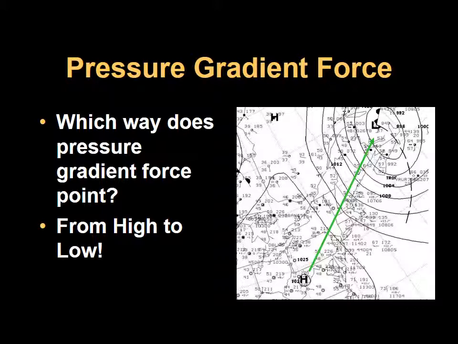So our pressure gradient force goes from high to low. And this is something you learned back in 110. Remember that you came up with the concept that wind blows from high to low. That's your pressure gradient force driving the wind. But the gradient, by definition, always points from lower values to higher values. Next, we'll be talking about Coriolis force.